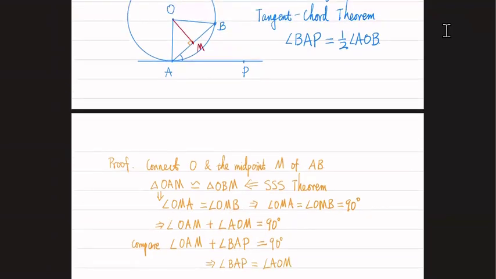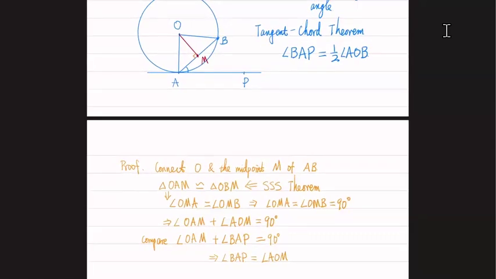Then the two triangles are congruent. These two angles must be the same. So this will be half of the sum. So the tangent chord angle is half of the central angle.